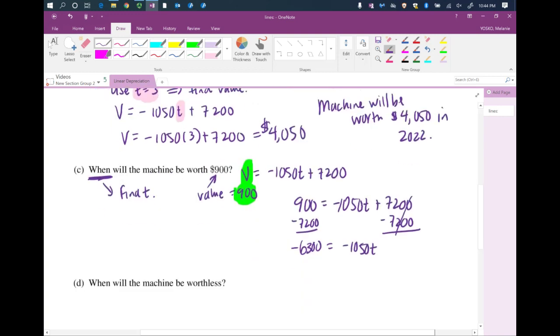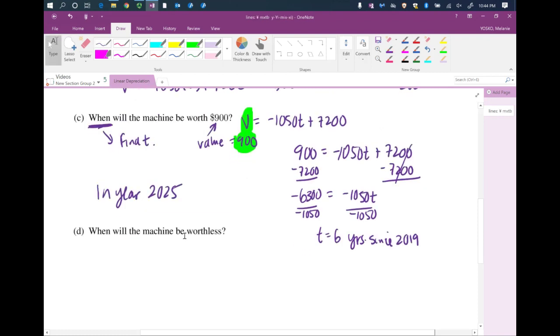Does that make sense? And I want the coefficient of t to be 1. So I need to divide. And we end up with 6 years. Okay, well that's 6 years since we bought the thing, right? So 6 years since 2019. So that means in the year 2025.